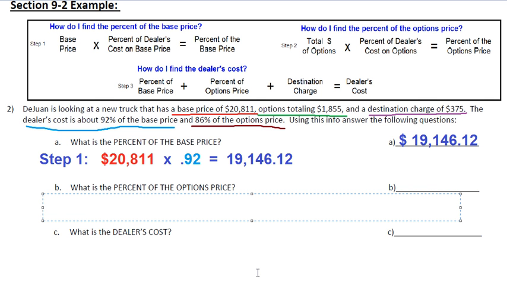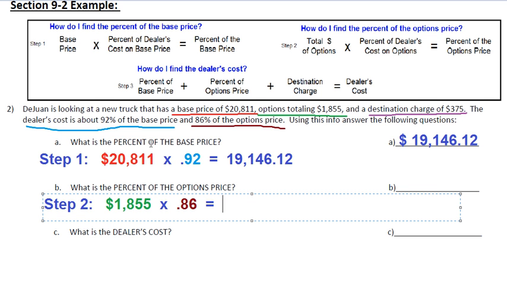Letter B is asking us to find the percent of the options price. Well, in order to do that, we're going to do Step 2. We first need to know the total dollar amount for options. That's $1,855. Now we're going to multiply it times the percent of the options price. It's 86%. But what we need to do is turn it into 0.86 by moving the decimal over to the left twice. I've kind of been doing that in my head for this video.